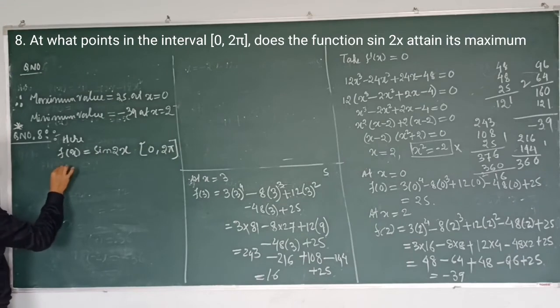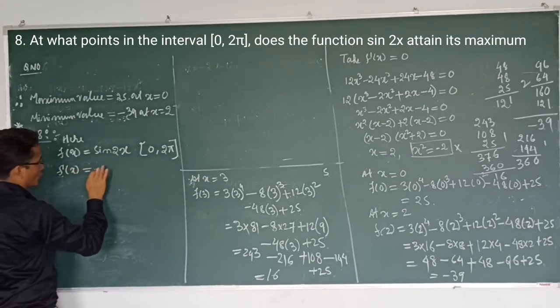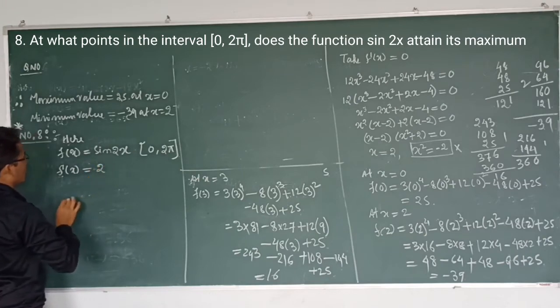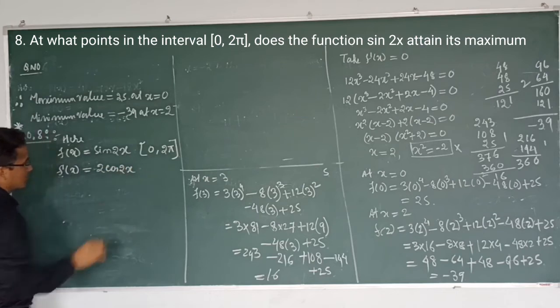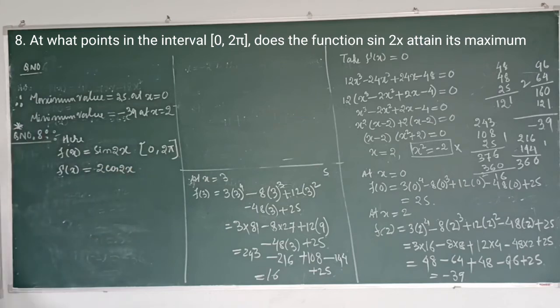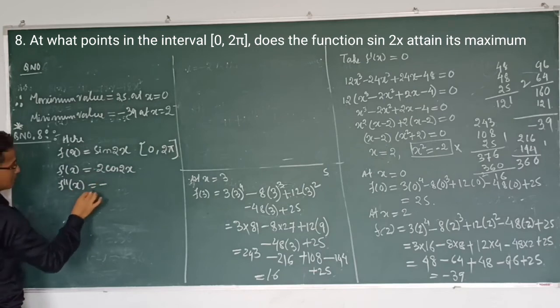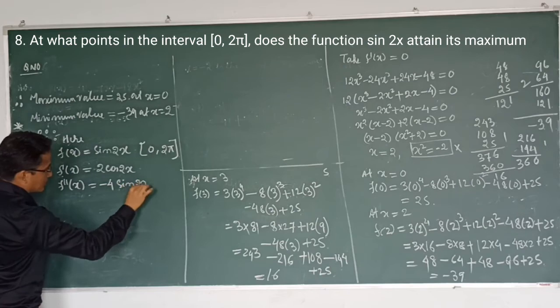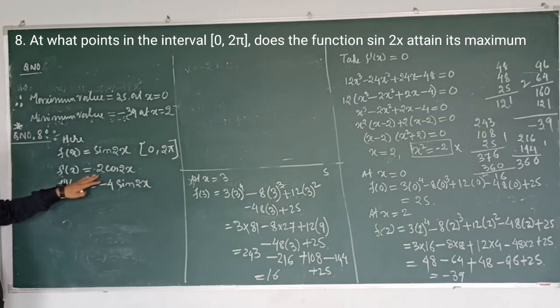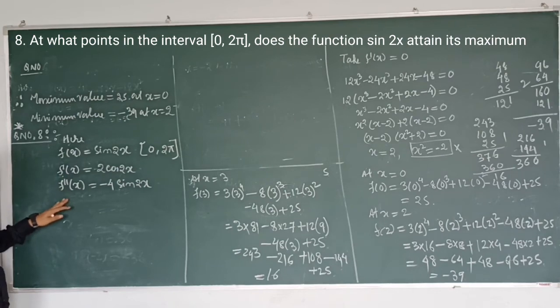So we find f dash x, that is 2 cos 2x. If we find f double dash x, that is minus 4 sin 2x. So this is f dash x, this is f double dash x.